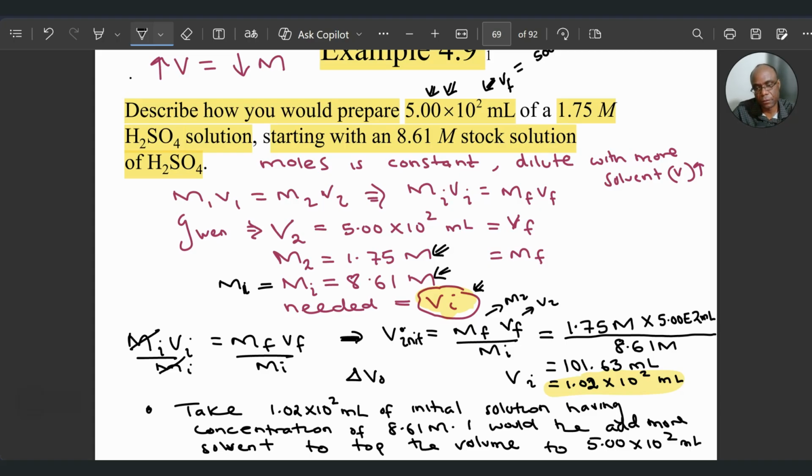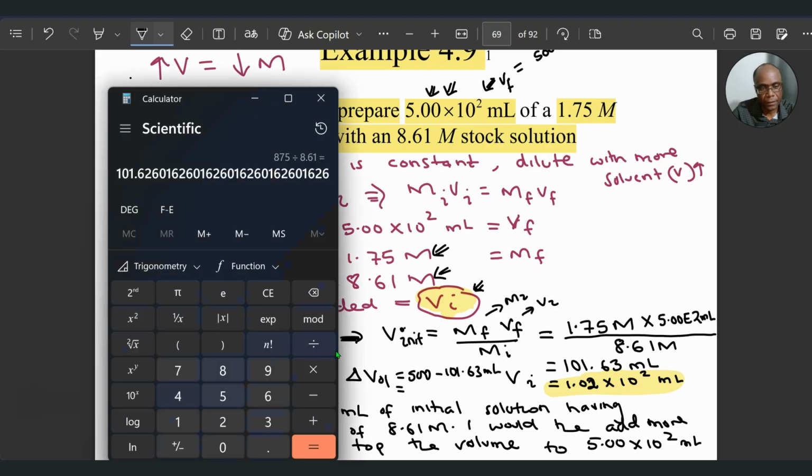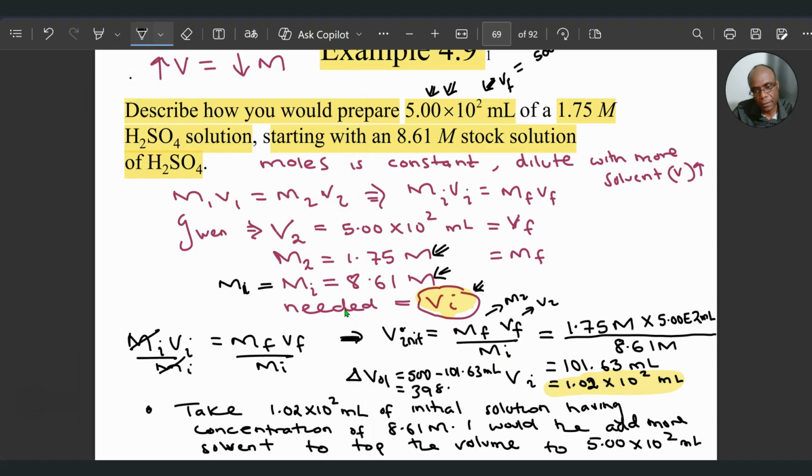The change in volume here is just 500 minus 101.63 ml. So topping up will be 500 minus 101.63, so it's 398.37 ml. That's the extra volume that will be needed to top the volume to 500 ml. And that answers the question.